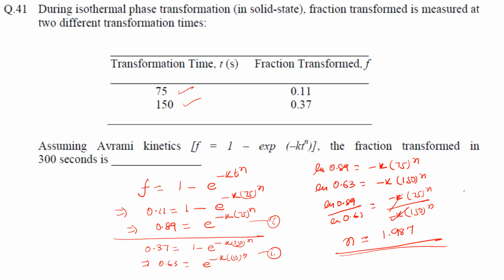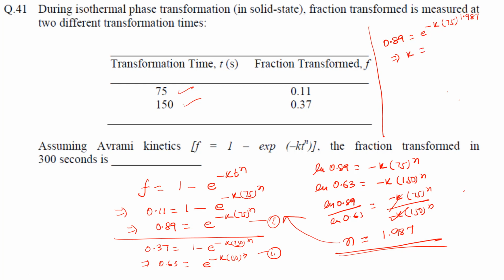Now that you have calculated n, put the value of n in any equation. It can be in 1 or it can be in 2. Suppose I put it in 1, so I am doing the calculation here. This implies 0.89 is equal to e to the power minus k 75 to the power 1.987. From this you can calculate the k value also.